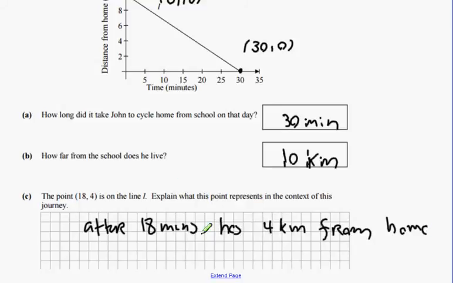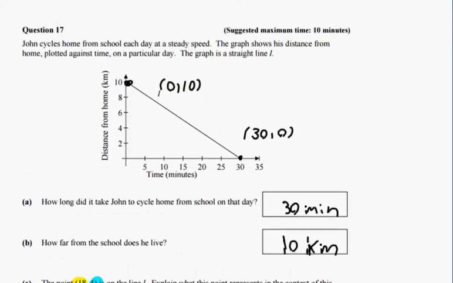The x coordinate is how many minutes you're on the road. The y coordinate is how many kilometers you're away from home. So this means after 18 minutes, you're 4 kilometers away from home. Distance from home.